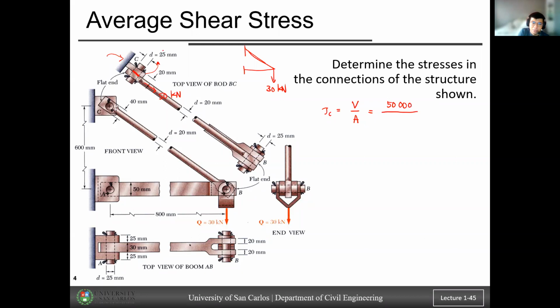And then the area, again, 25 millimeters in diameter, so pi d squared over 4. Or if you're not comfortable using the diameter in the formula for the circle, you're going to use the radius, pi r squared. But you still have to divide by 2, right? So 25 over 2 squared. And I think that would be the answer in megapascal.